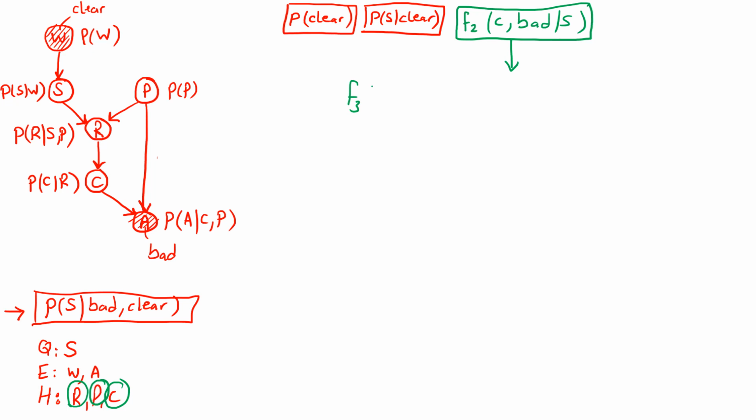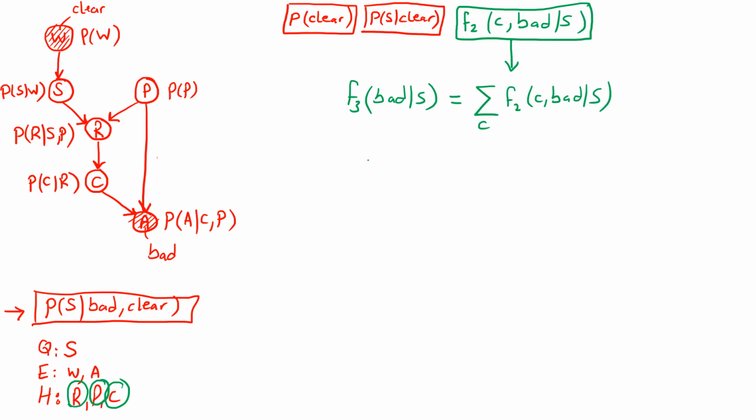So we have F3, which will be a factor of what after eliminating C? Of bad given S, which will be the sum over C of F2 of C, bad given S.